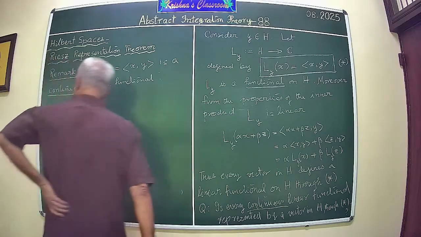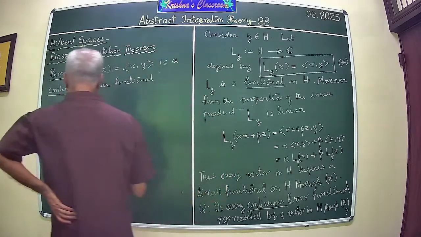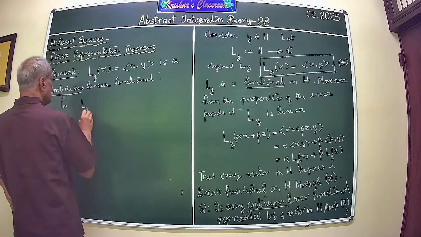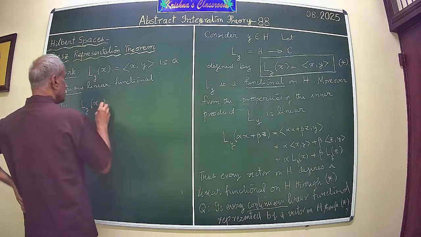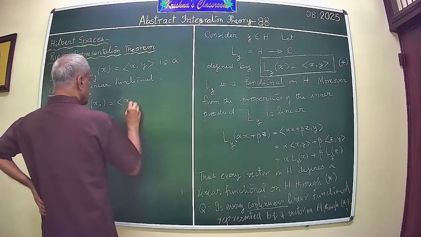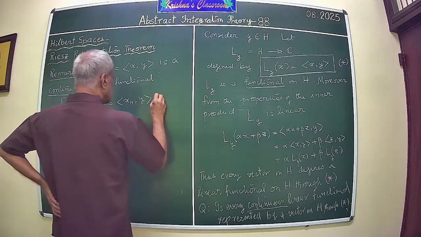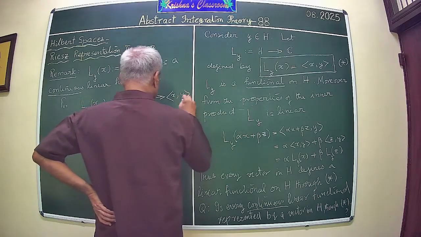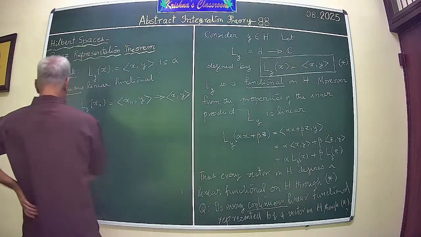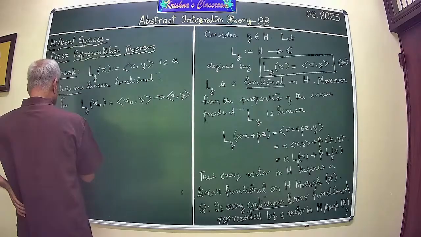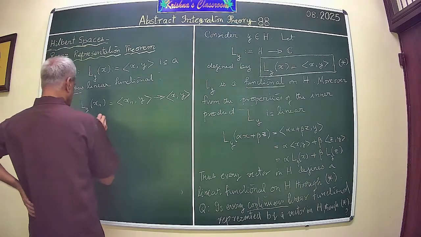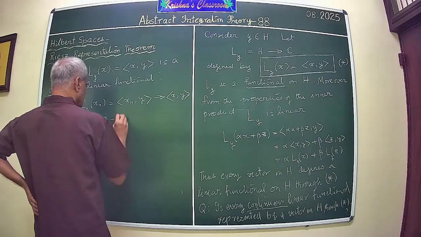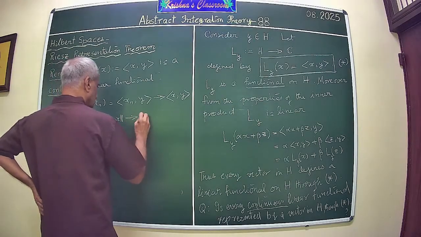That is quite easy to see, because if xn converges to x, then the inner product of xn with y converges to the inner product of x with y.